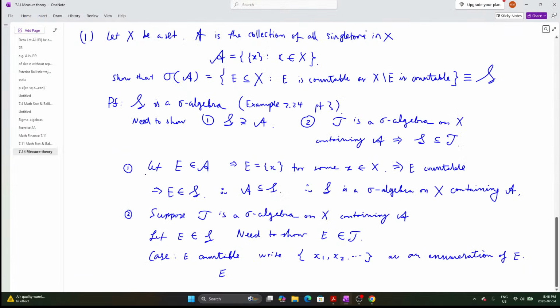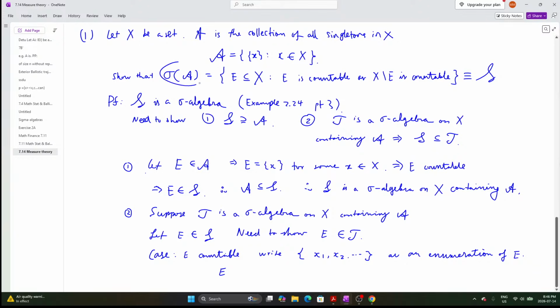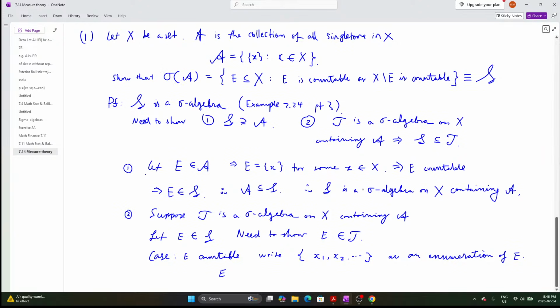So what did we manage to show here? In point one, S we know already is a sigma algebra containing A. So sigma of A is a subset of S, no?